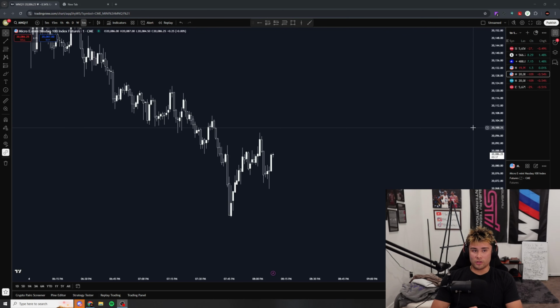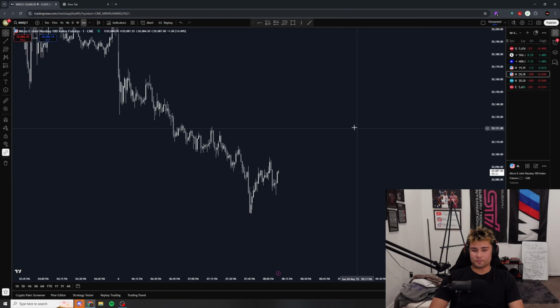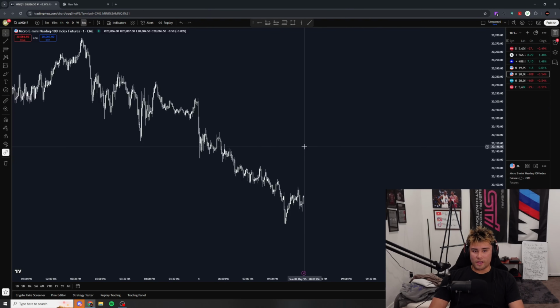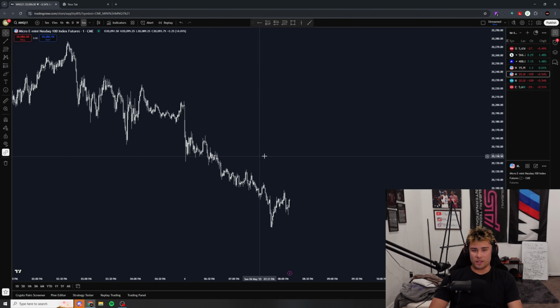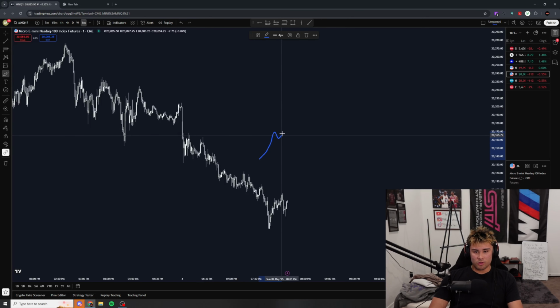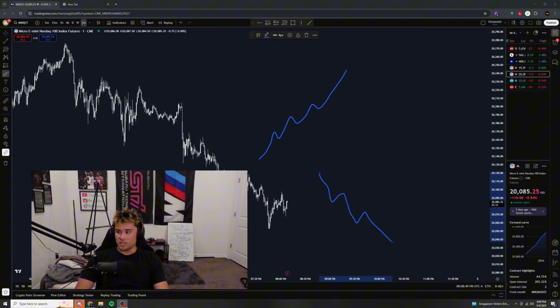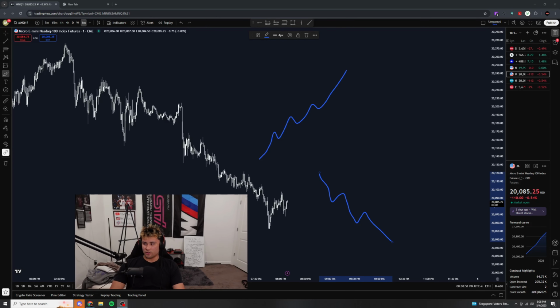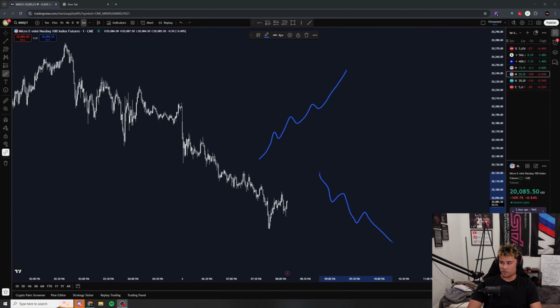But without any further ado, let's just jump straight into today's lesson, which is going to be identifying trends. Now, the market is always moving in one of three ways, right? We are either going to be in an uptrend, which is going to look something like this, a downtrend, which is going to look something like this, which is, as you can see, what is actually happening right now, or we are going to be, let me actually shrink this down a little bit because I'm going to be drawing on the screen quite a bit, so I'm going to shrink my face cam down.